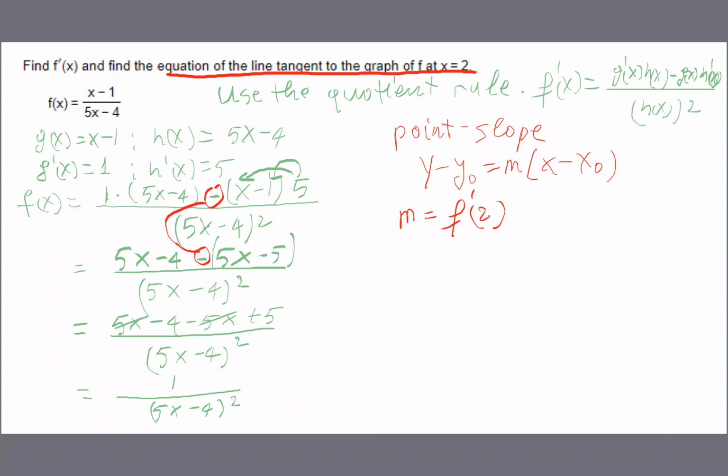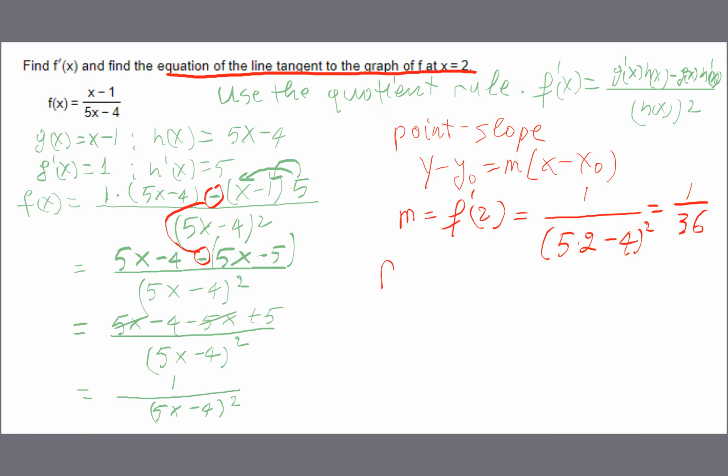So the slope is f prime of 2, and f prime of 2 is 1 over 5 times 2 minus 4 squared. That is 10 minus 4, 6, so 1 over 36.